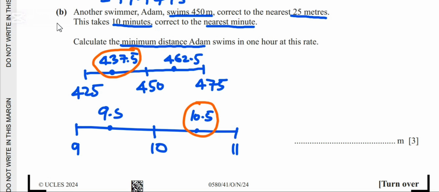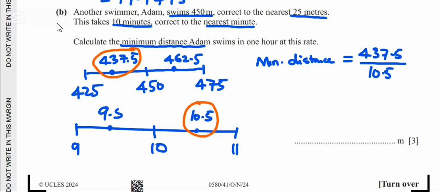So minimum distance is equal to the lower limit in the distance, 437.5, over the upper limit in the time, 10.5, then times 60 because they are saying in 1 hour, and 1 hour is 60 minutes.